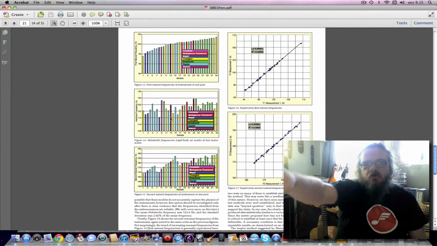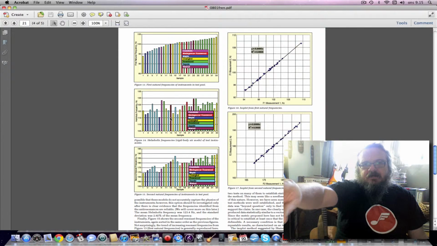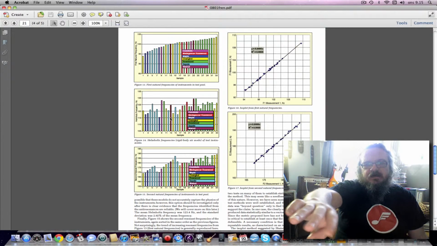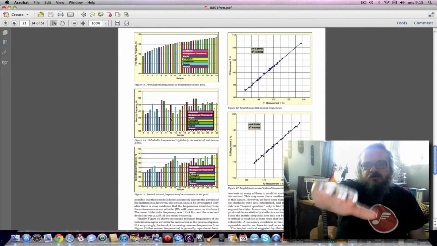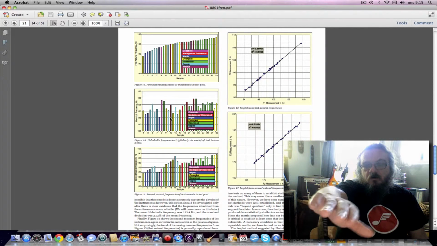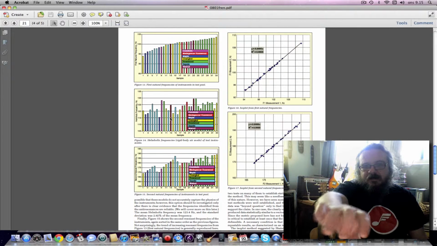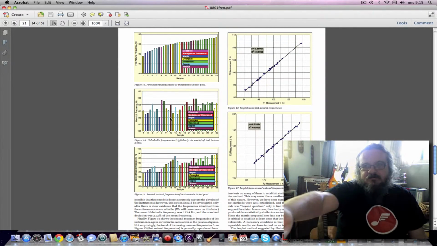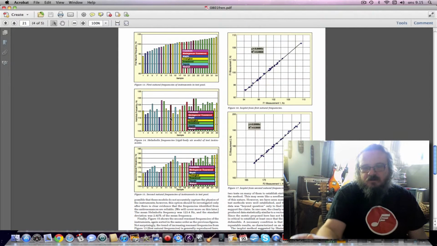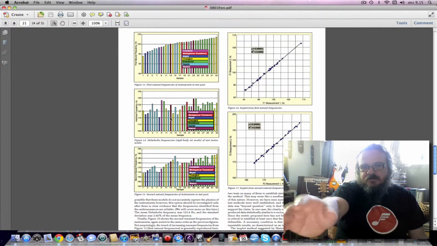You can see that across the whole spectrum. So all the other harmonics and whatnot are kicking in, and you can see how some guitars have a more marked pronouncement in their lower frequencies, how they sustain more, how sometimes they're kind of closer together.